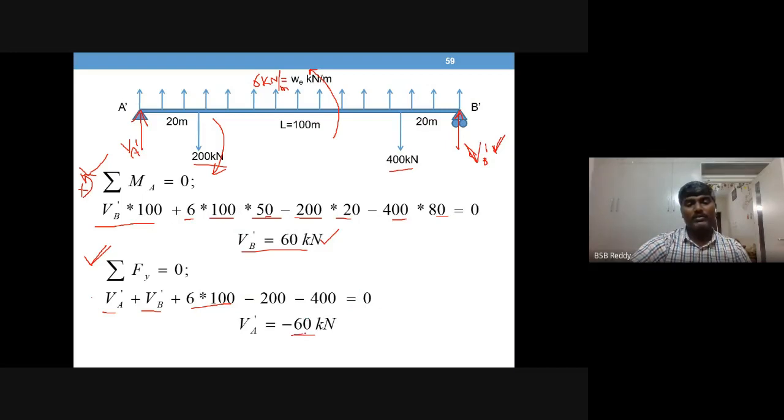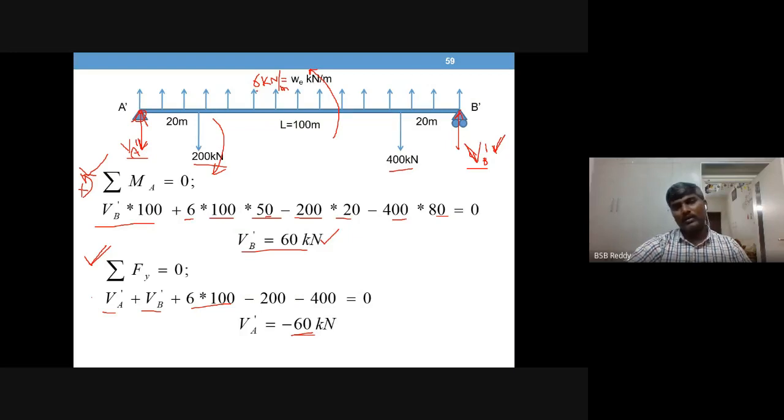So VA dash is equal to minus 60, so this direction should be downward. Got it? If you clearly observe, because of the assumption, you are getting VA dash and VB dash values equal and opposite.